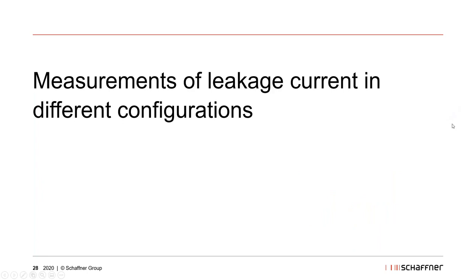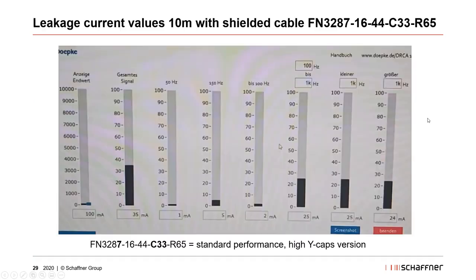To show what this looks like at the end, how to select the filter and how a measurement looks like, I have some examples of measurements here. So now you need to look very carefully on the slides, because only the C value changes, or the FN 3288 will change.